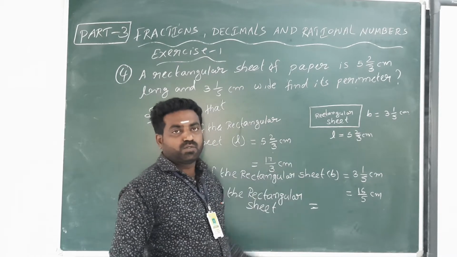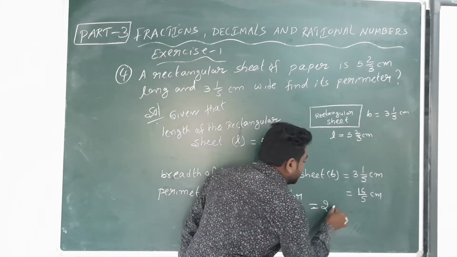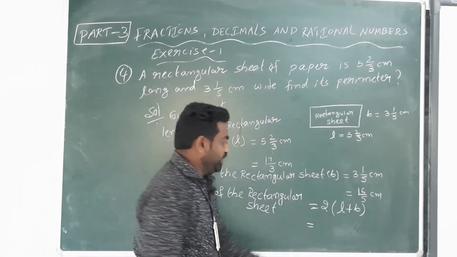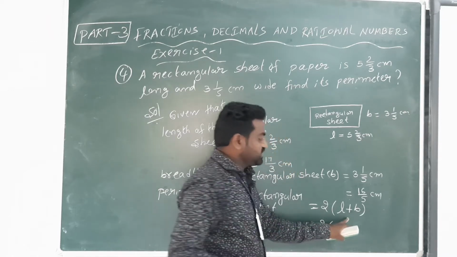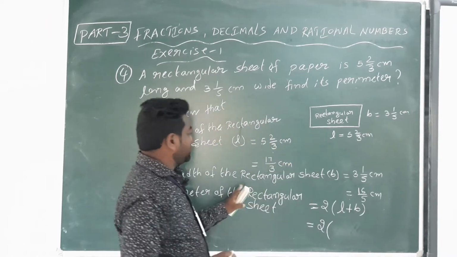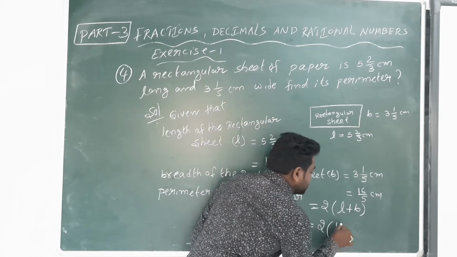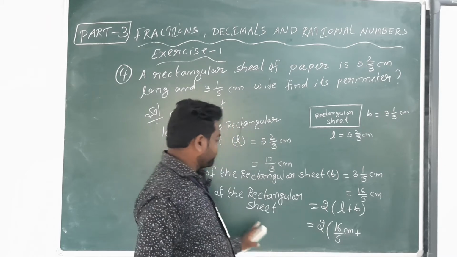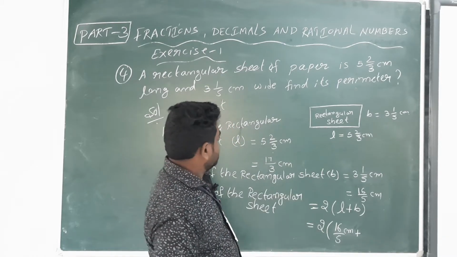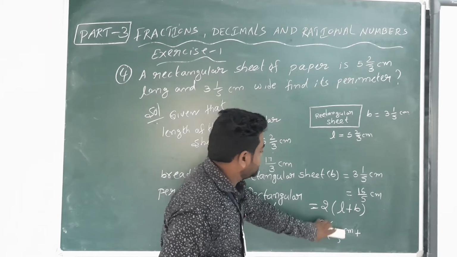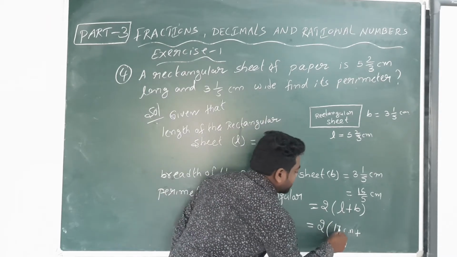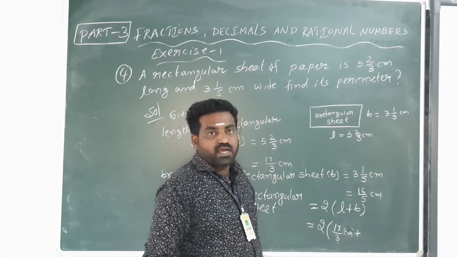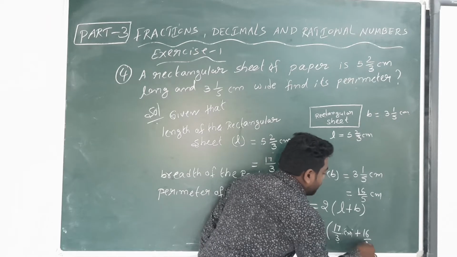Perimeter of the rectangle is 2 into L plus B. That is equal to 2 into length 17 by 3 centimeters plus breadth 16 by 5 centimeters.